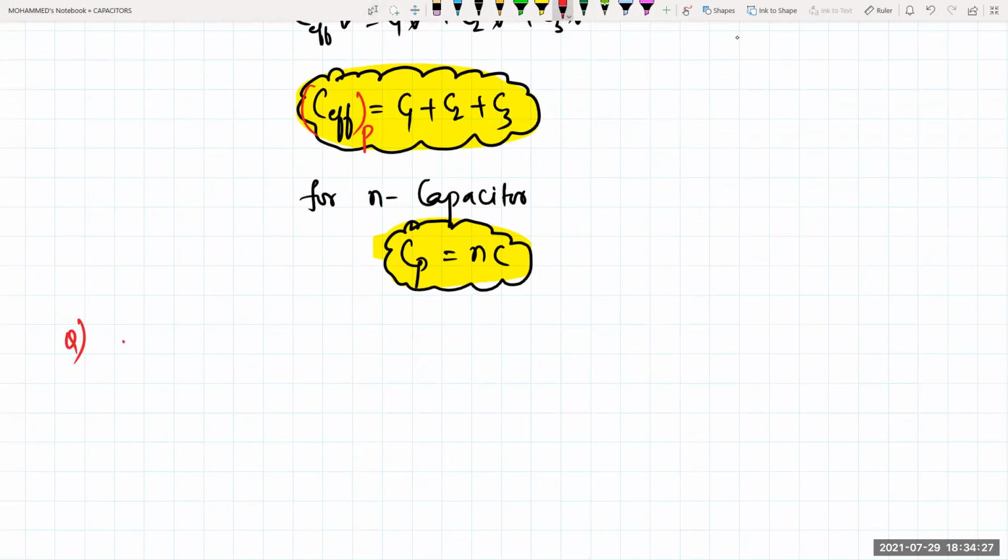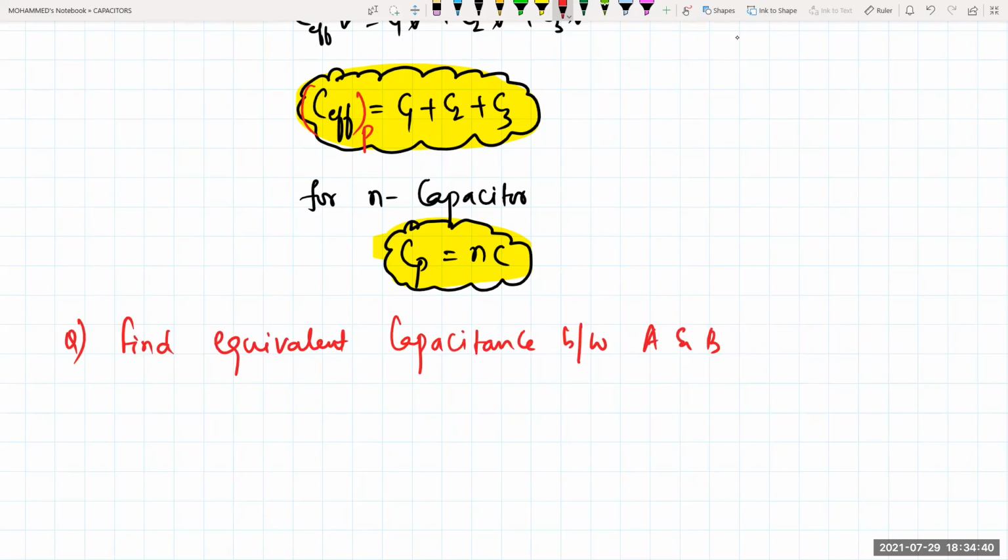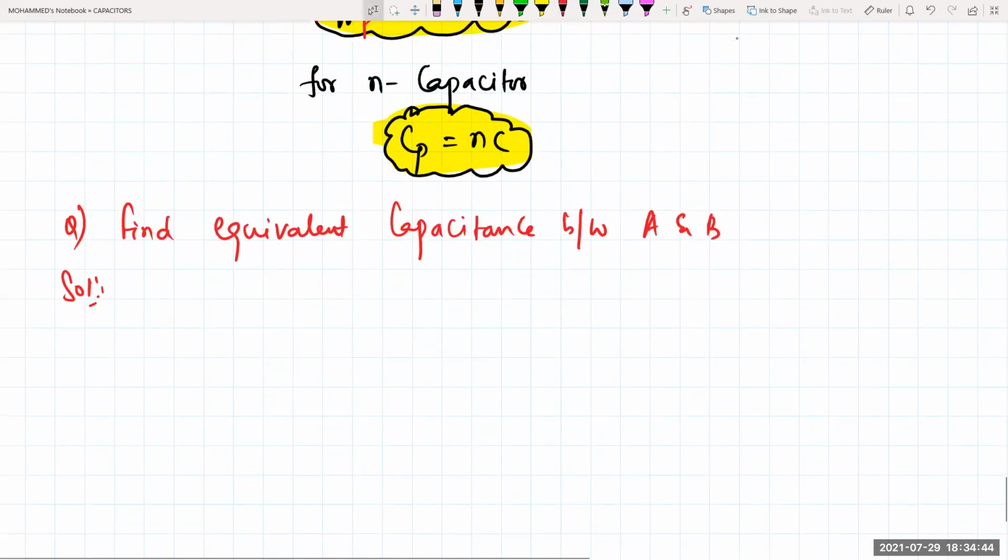First one: find the equivalent capacitance between A and B. So this is a capacitor which I'm giving you.